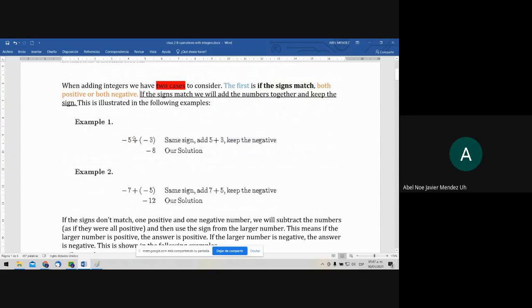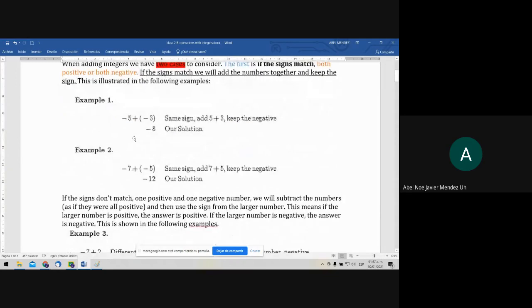And example number one, we have an addition. In this operation we have two numbers. We are adding two numbers, negative 5 and negative 3.